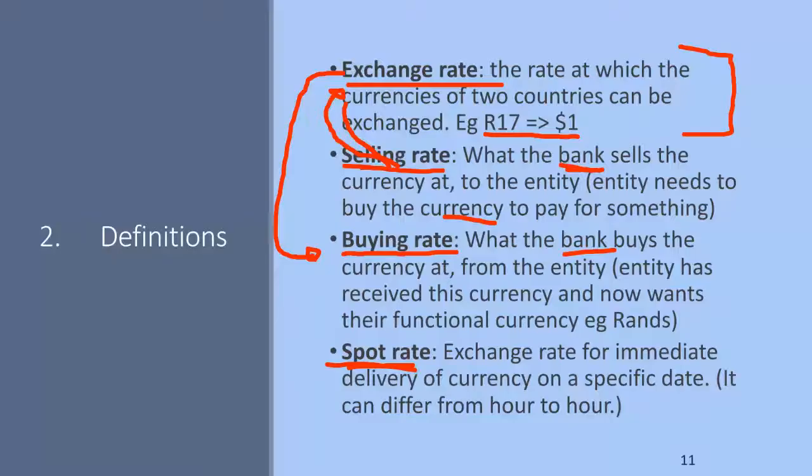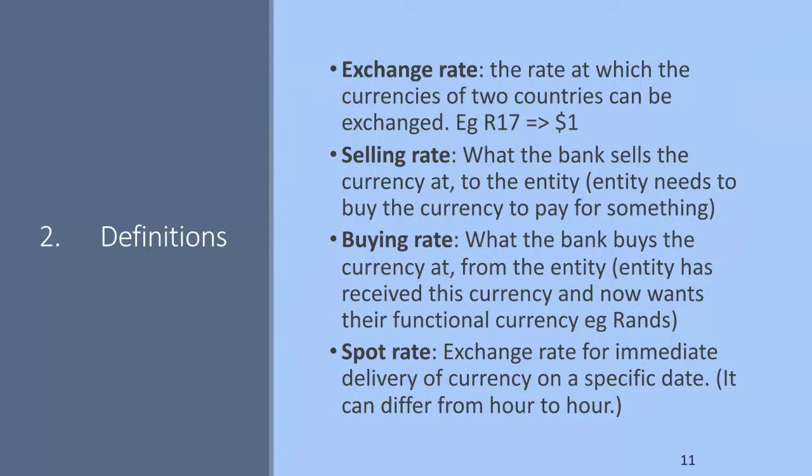Okay, so that's important. So far we are talking about different currencies, and then we got onto the idea of a foreign currency, right? So when we start talking about a foreign currency, we have this thing called an exchange rate.